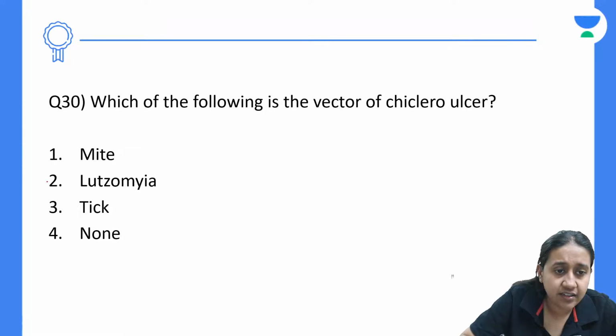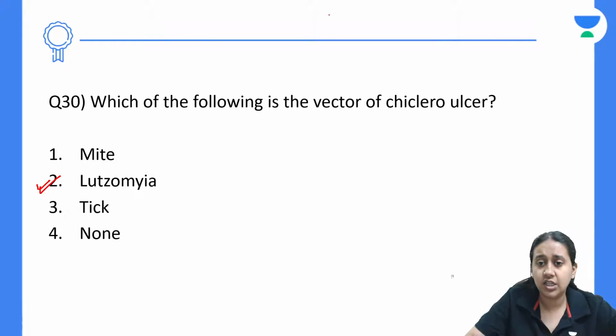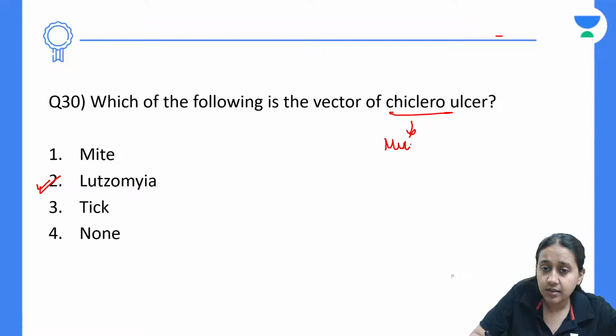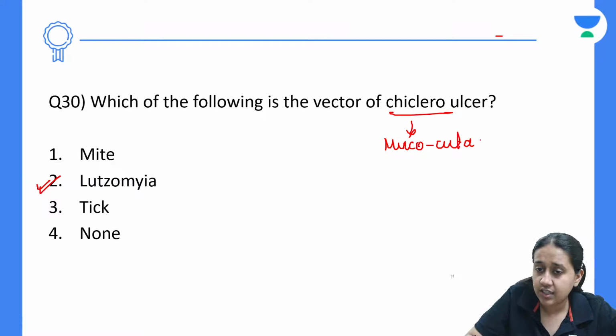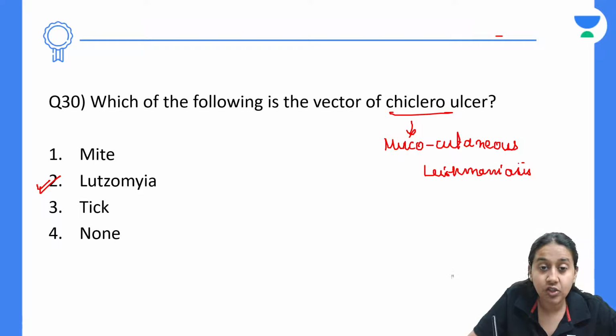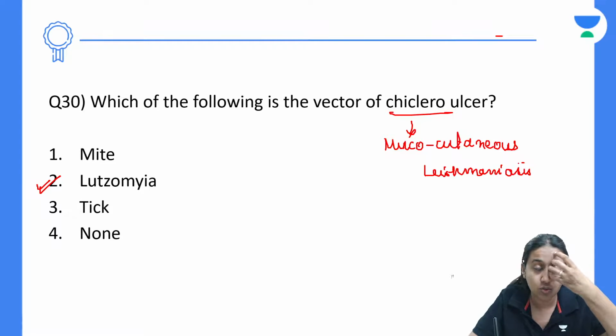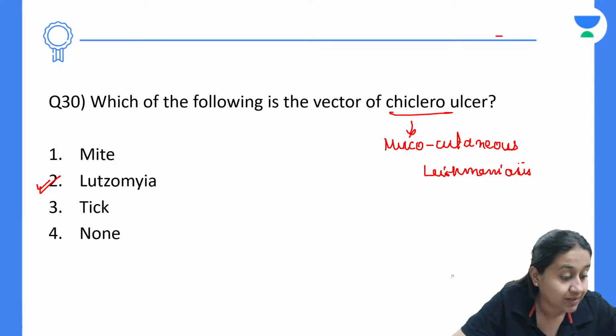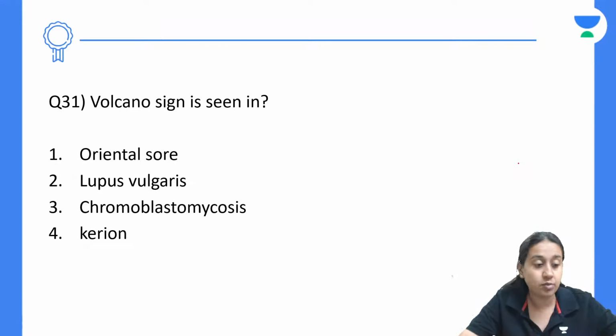Very nice. The vector is Lutzomyia species. Chiclero ulcer is actually a form of mucocutaneous ulcer. The espundia and chiclero ulcer is mucocutaneous leishmaniasis. And for mucocutaneous leishmaniasis, the vector is Lutzomyia. But for the cutaneous leishmaniasis, which is the volcano ulcer or oriental sore, the vector is Phlebotomus species. So there is a difference in both of them.